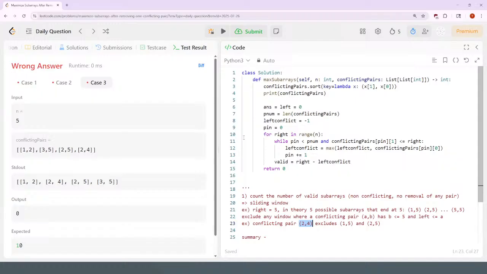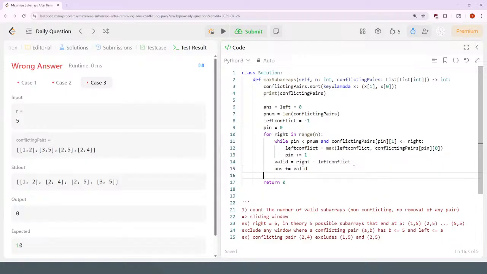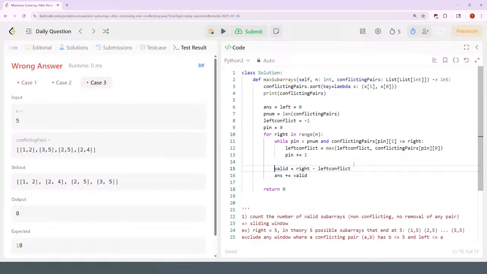So if the value is 5, then the right is actually 4, and then 4 minus the left value in the pair, which is 2, gives 2. Okay. And then answer increments by the valid windows. I'll probably just make it answer plus equals this.